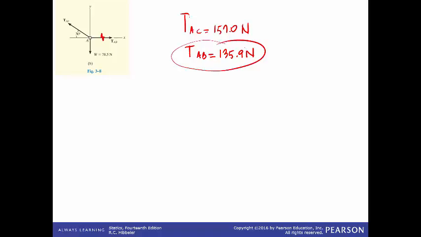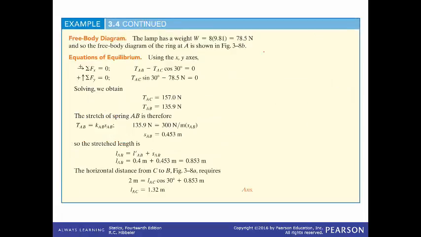So if I go back here, let me just summarize the results. TAC equals 157.0 newtons and TAB equals 135.9 newtons.